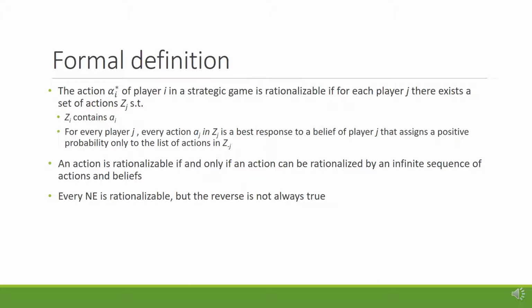Meaning, if player one is playing any action a sub j, where j is denoting player one, there should be no other action that gives player one a higher payoff than a sub j for any action of player two. In the second sub bullet point of point 1, the a sub minus j denotes all the other players except player j in this case.